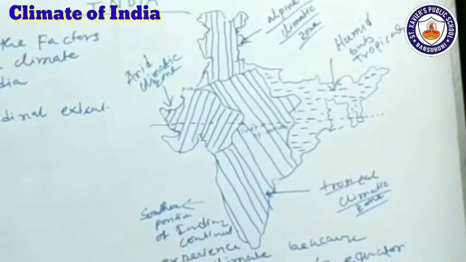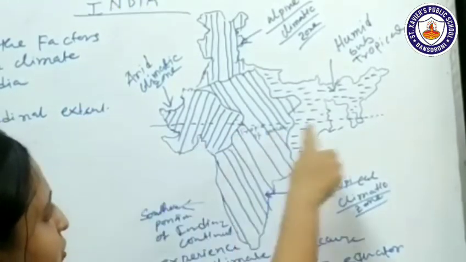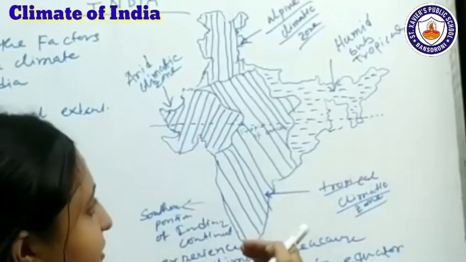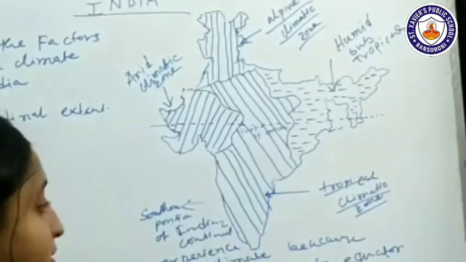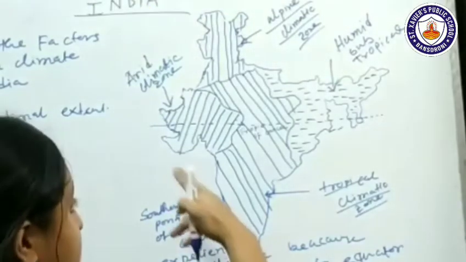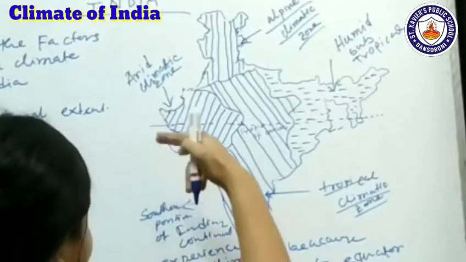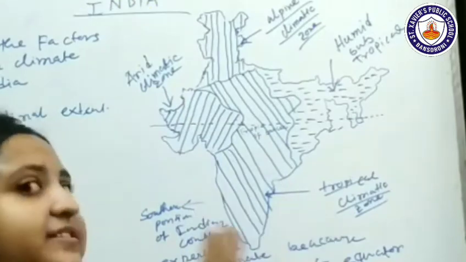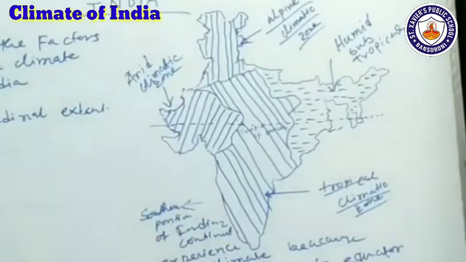Okay, so the Tropic of Cancer crosses over the middle part of the Indian subcontinent, and the southern part of the Indian subcontinent is close to the equator. So the sun rays directly fall over the region. So it experiences a hot climate. So it is under latitudinal extent.